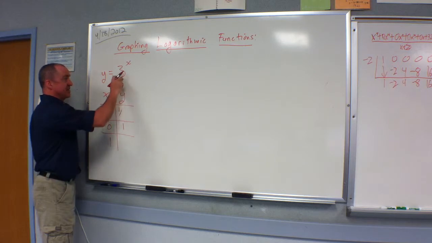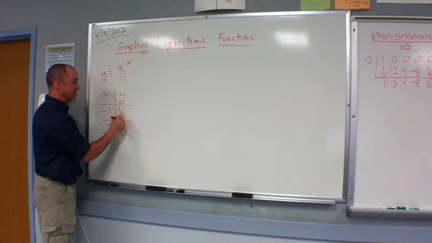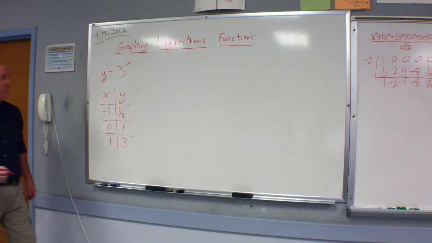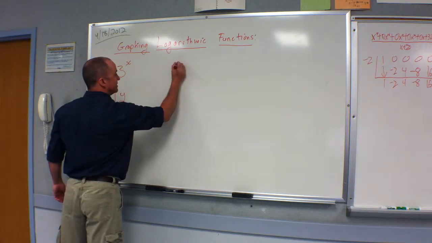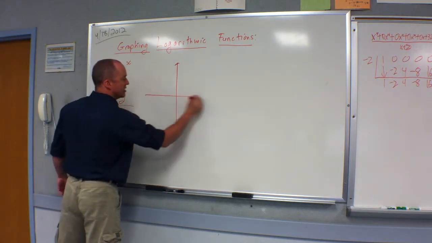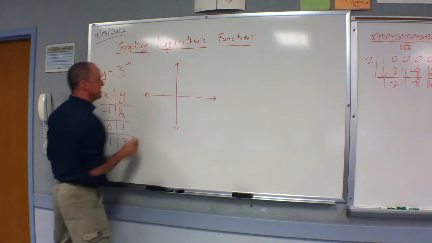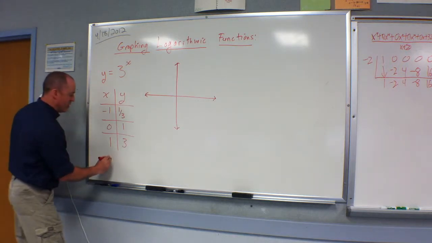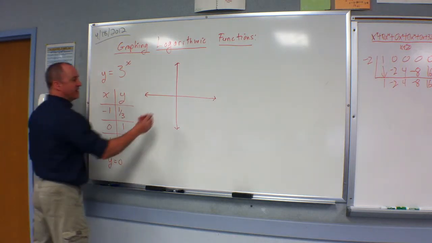Yep, and n in this case is 3, that's our base, so 1/3, 1, and 3. And what was the asymptote in this? 0. Good. The asymptote was y equals 0.